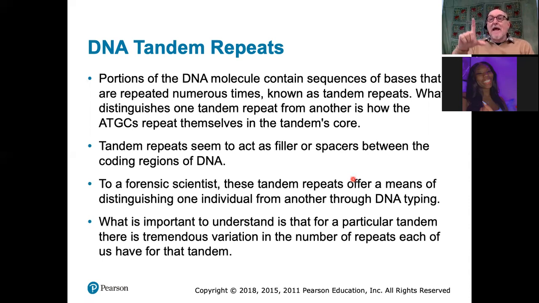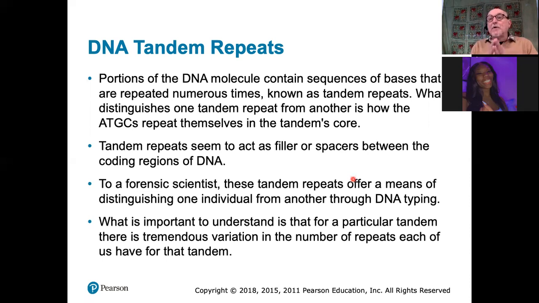DNA analysis provides us with very powerful individual evidence. And it's powerful because we know a lot about the human genome. We know a lot about the genes and the makeup of the chromosomes and everything else.